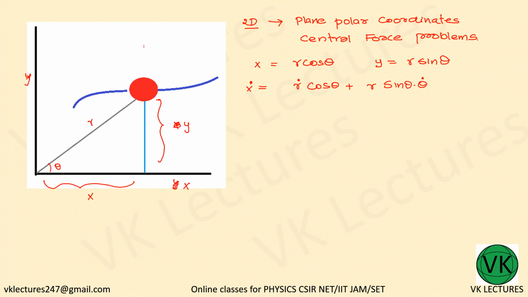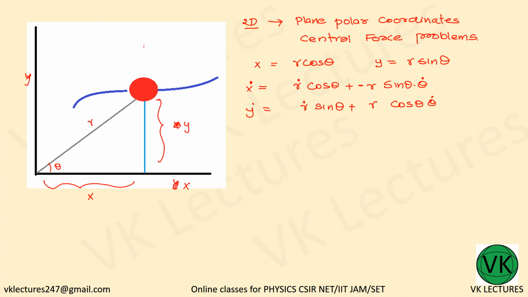Here we have a minus sign for the derivative of cos theta. Now y dot is equal to r dot sin theta plus r cos theta times theta dot, since the derivative of sin theta is cos theta.